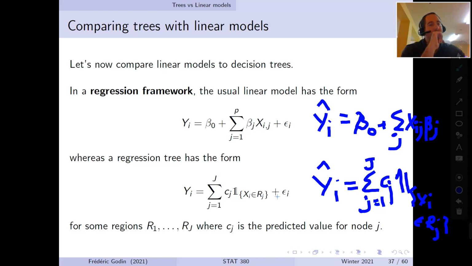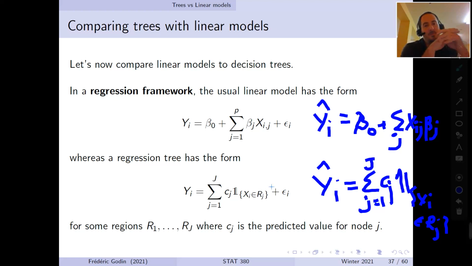Okay, so we can see that regression trees can often still be expressed as a linear model, but where the predictors in that linear model are transformations of the original predictors. And these transformations are simply indicators of whether the predictors fall in a given subregion among the various subregions obtained from recursive binary splitting.